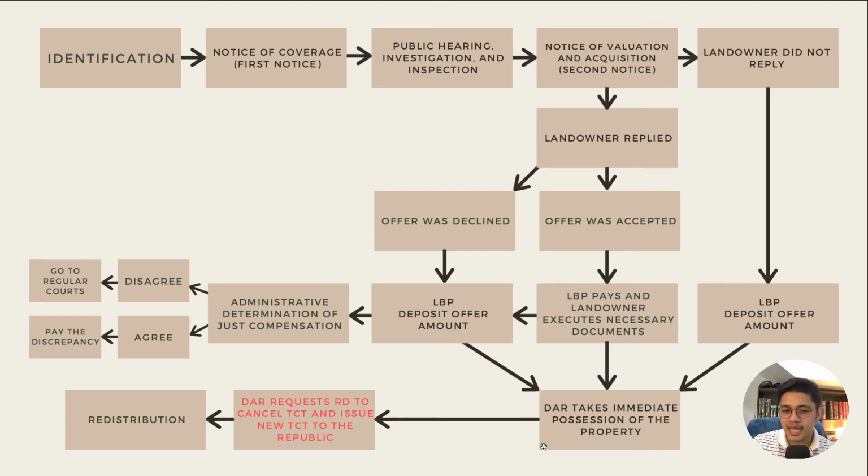All right? And then afterwards, after the DAR takes immediate possession of the property, the DAR will request the Register of Deeds to cancel the existing transfer certificate of title, or if not a transfer certificate of title, an original certificate of title, basta the certificate of title that covers the compulsorily acquired land will have to be canceled by the Register of Deeds.